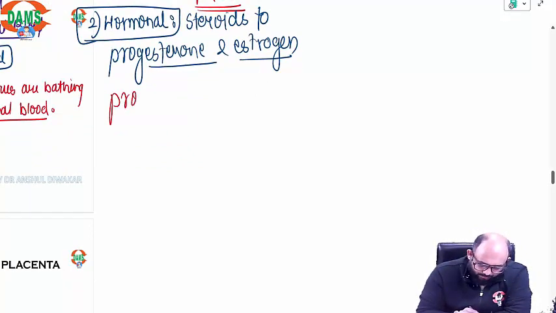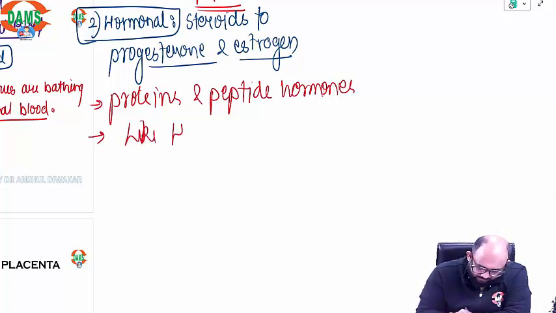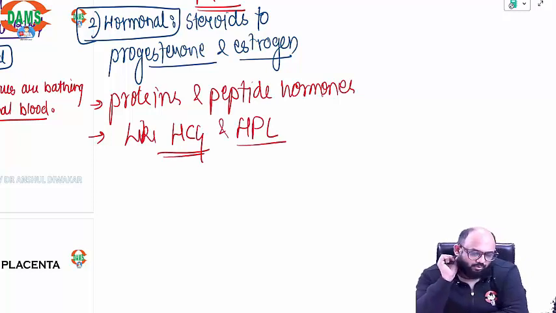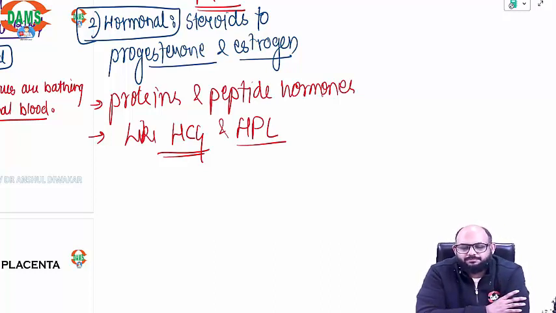It makes proteins and peptide hormones like HCG and HPL. HCG is human chorionic gonadotropin and HPL is human placental lactogen. These are the two main hormones that are made and secreted by the placenta.